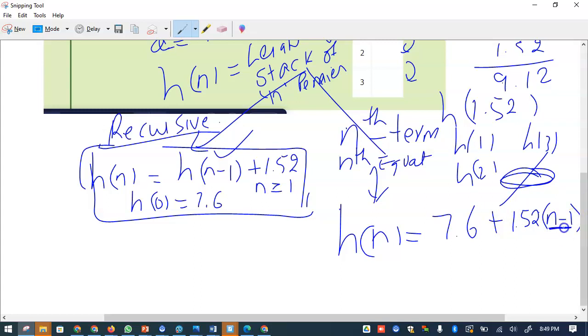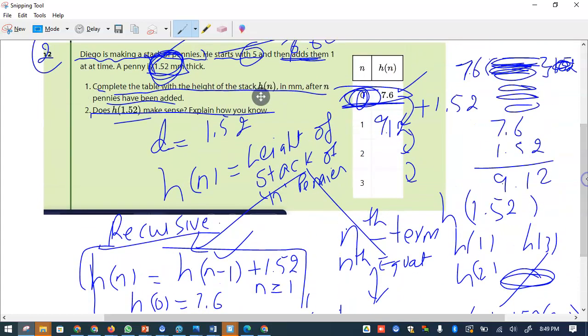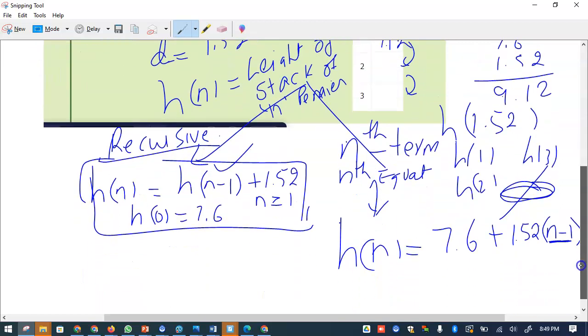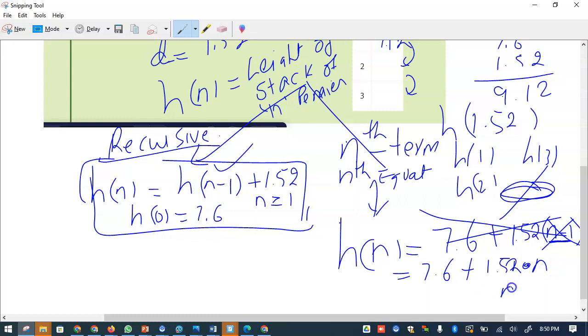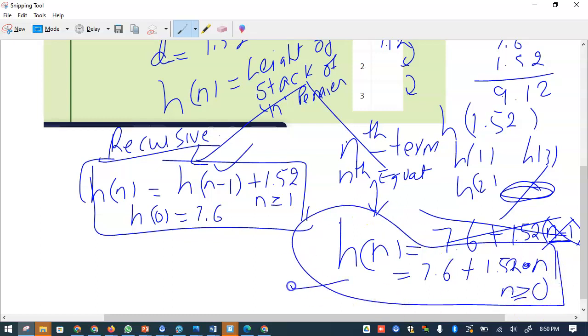Now I could use this only if this started with 1, but because it did not, I'm not going to use this. Instead I'm going to write 7.6 plus 1.52 times n, where n is greater than or equal to 0, and you're done. So this is how you write the nth equation, or it is also called the explicit formula.